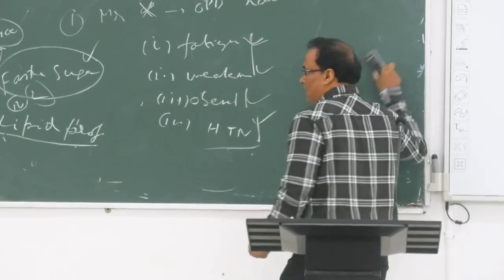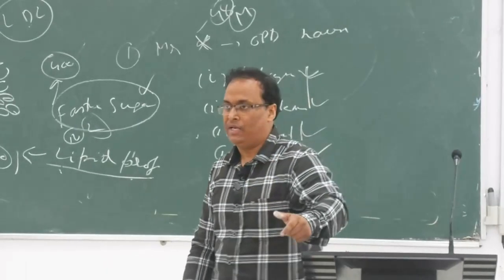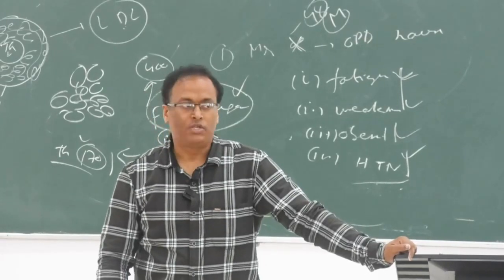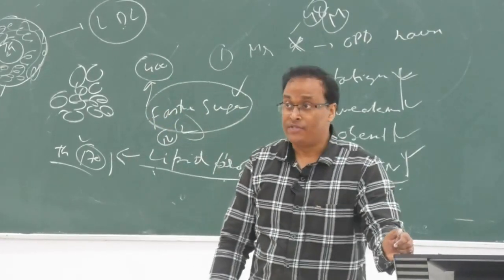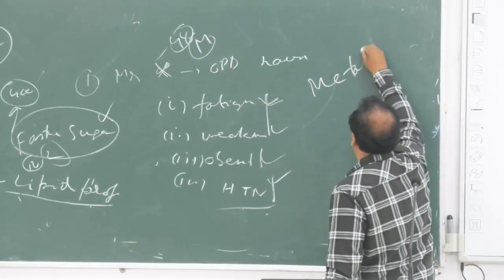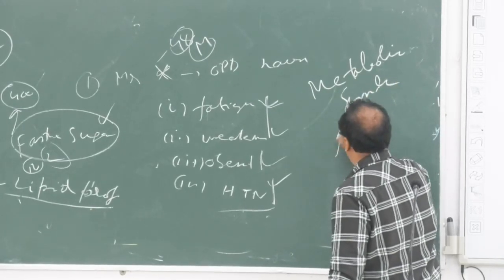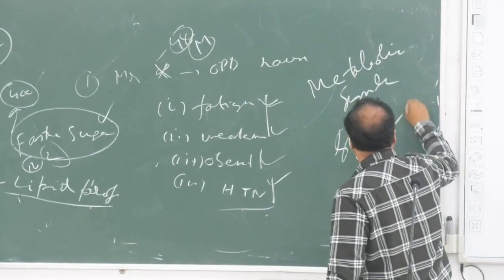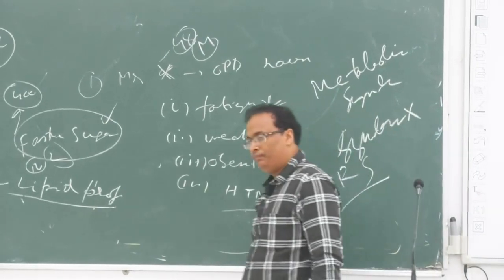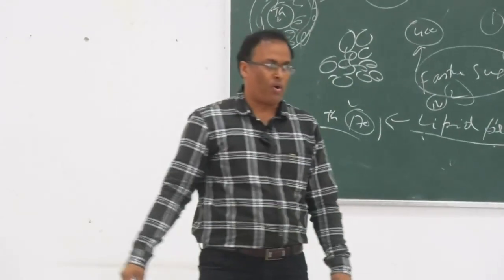Metabolic syndrome has two other names that are very relevant nowadays after my lecture: it is also called insulin resistance syndrome and syndrome X. Each and every point is important.